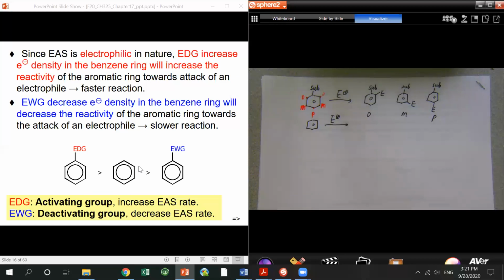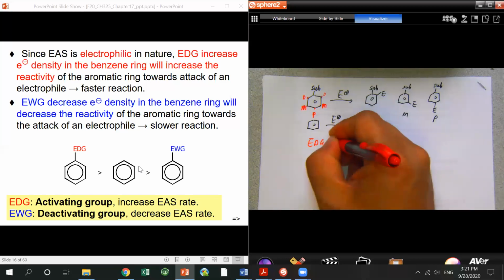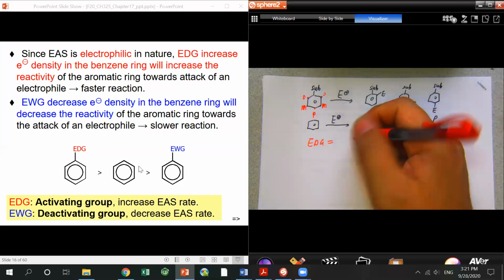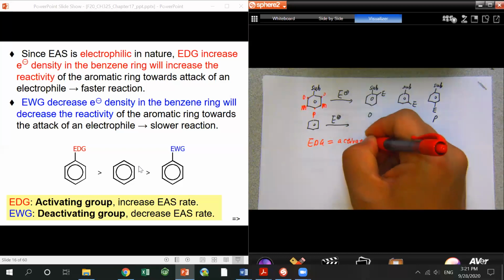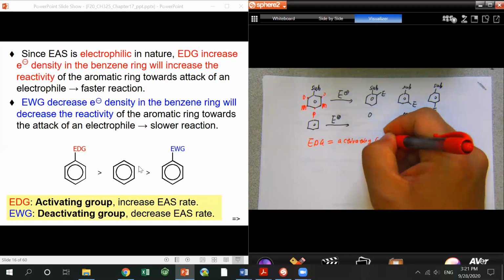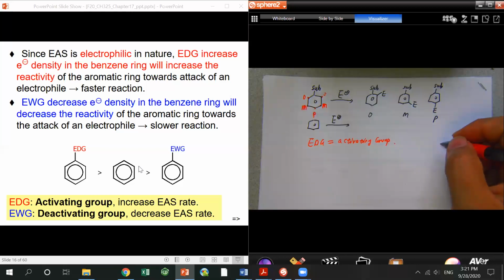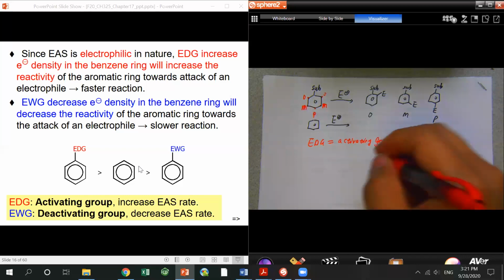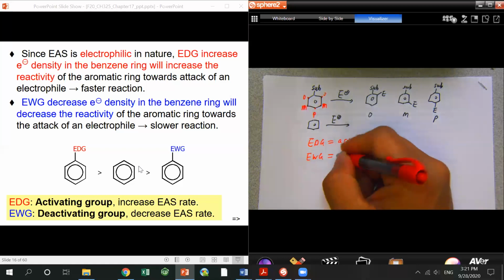If it's an electron donating group, people also call it an activating group in EAS reactions. And if it's an electron withdrawing group, people also call it a deactivating group.